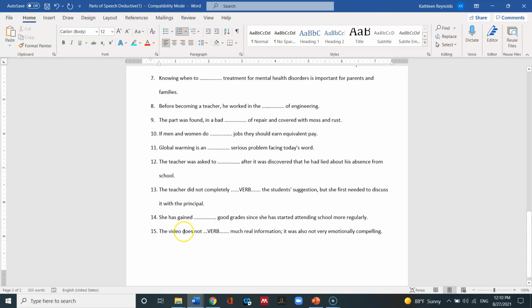So after does not, did not, or any type of helping verb, auxiliary verb like should, could, would, should not, could not, would not, we always need a verb. This is also an auxiliary verb, did not, so that's why we need a verb. Completely is an adverb, but it doesn't change our need for a verb. Whenever we have these kind of helping verbs, the next thing we need after them is a verb.